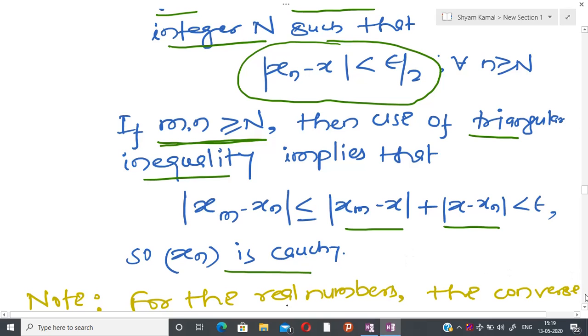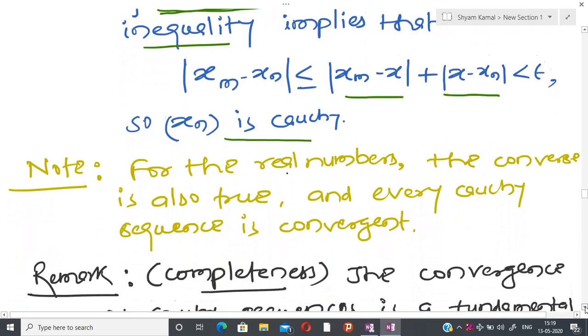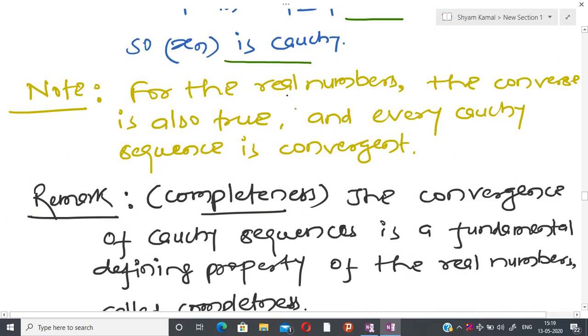Now let us see the converse. Here I am talking about sequences of real numbers, so the converse is also true. It means that every Cauchy sequence is also a convergent sequence, but generally this is not true. If we are just dealing with sequences of real numbers, then I can say this, but otherwise we are not sure.